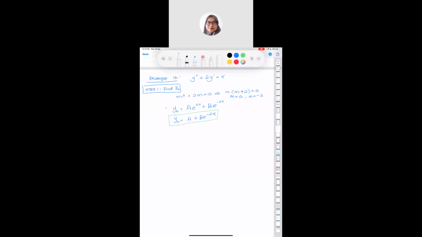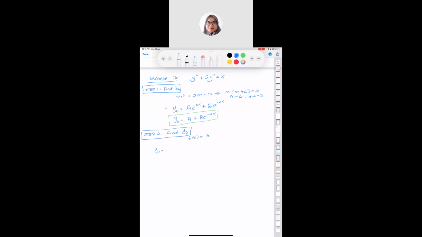Okay, yang kedua, step 2, find YP. Okay, find YP where we know that our fx equal to x, where we know that x is the polynomial of degree 1. Okay, so apa you punya YP? Siapa boleh bagi?